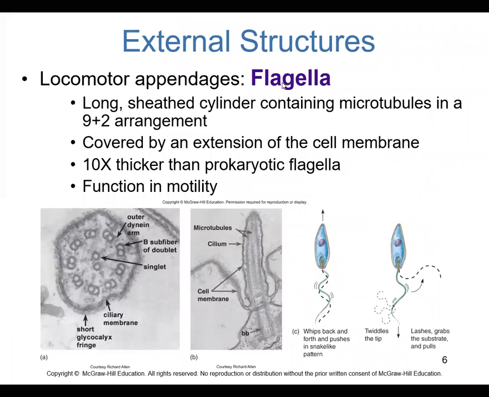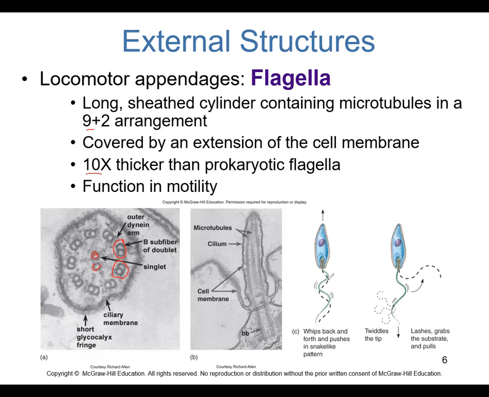Flagella, these are external and for movement. They have what we call the 9+2 arrangement. It's because there's 9 pairs around 2 individuals. And so that gives us our 9+2 arrangement. These are microtubules. They're quite a bit thicker than the prokaryotic flagella, and these are for movement.